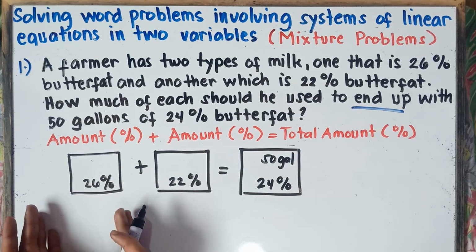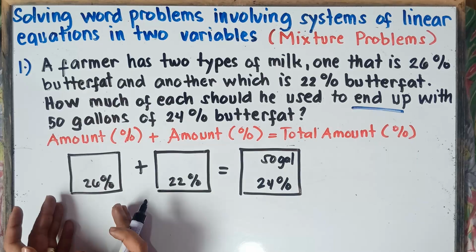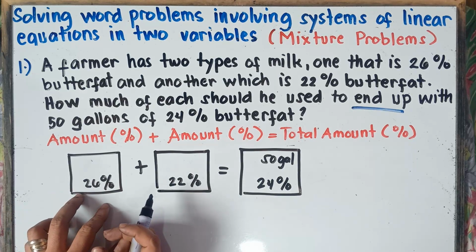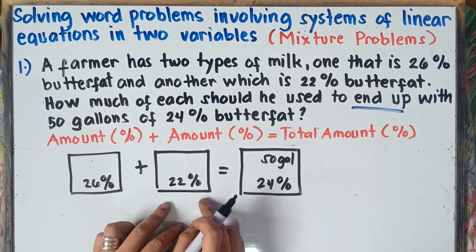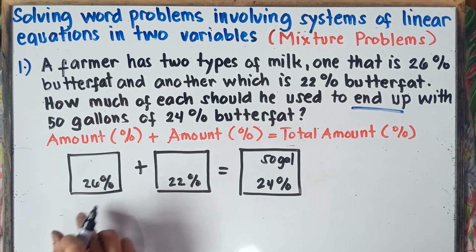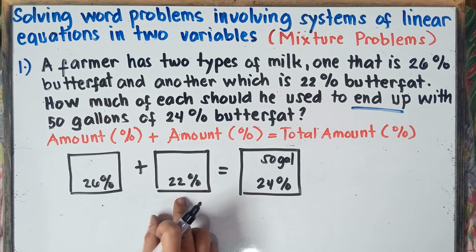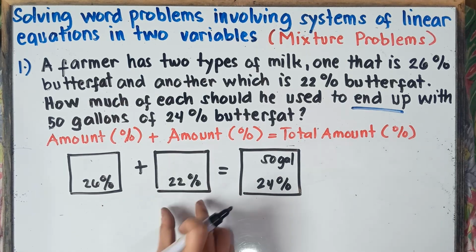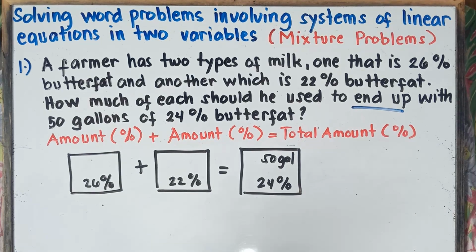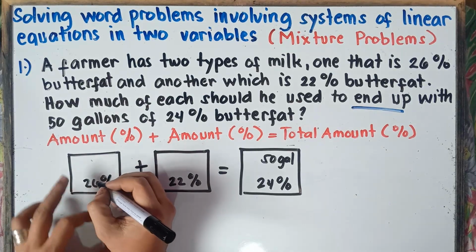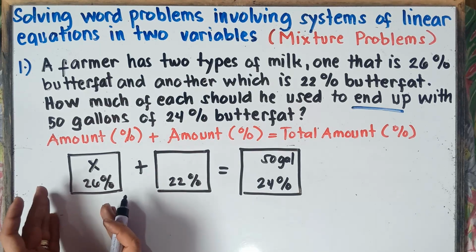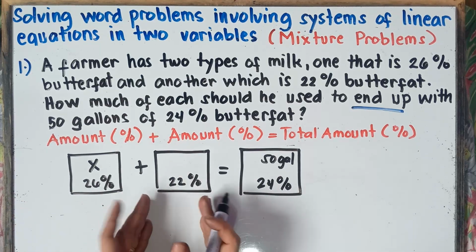Because the problem is we don't have the number of gallons for 26% butterfat, and we don't have the number of gallons for 22% butterfat, you can write this: let X be the number of gallons for 26% butterfat, and let Y be the number of gallons for 22% butterfat. So I will just put X for the number of gallons for 26%, and Y for the number of gallons for 22%.